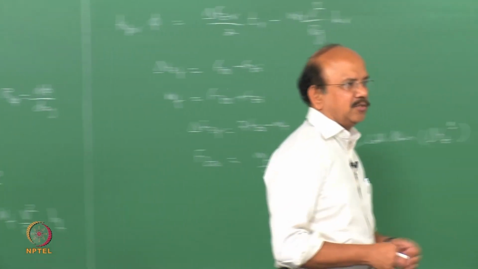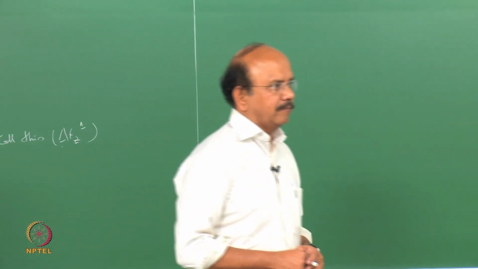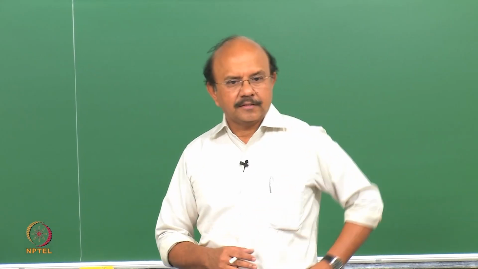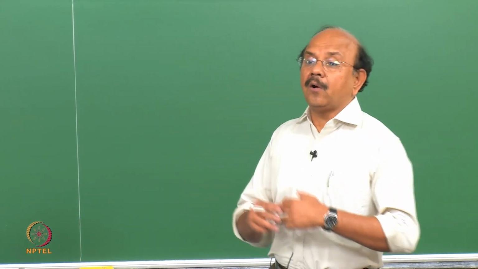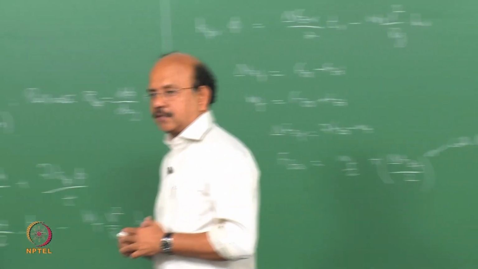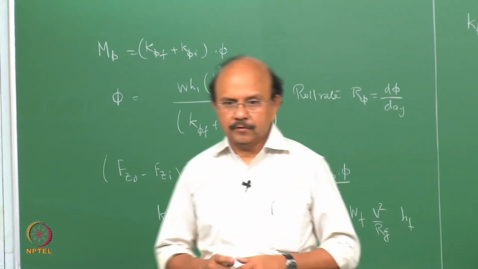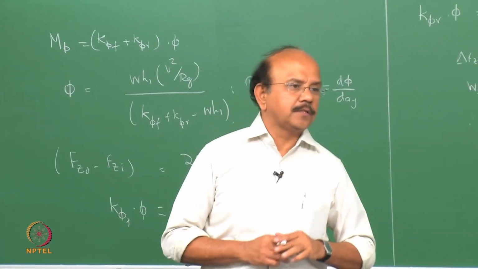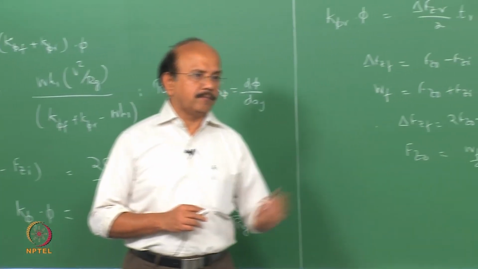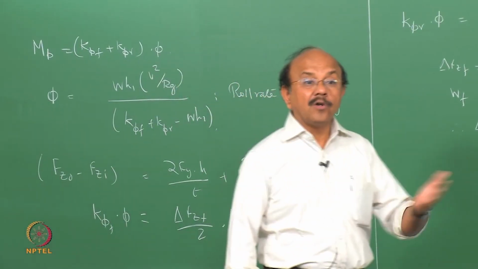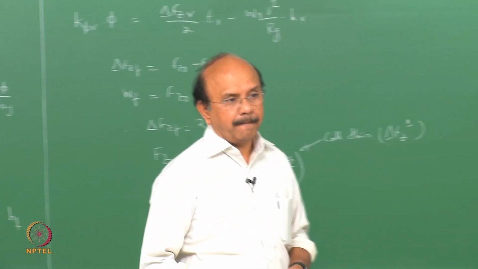What are the tests that should be done? If you are now an expert in vehicle dynamics, what would be the test? In other words, what would be the logical subjective questions that you would ask if you were to buy a car? Keep all these things in mind so that when I ask those questions two days from now, you will be able to answer what all you will do with a car.